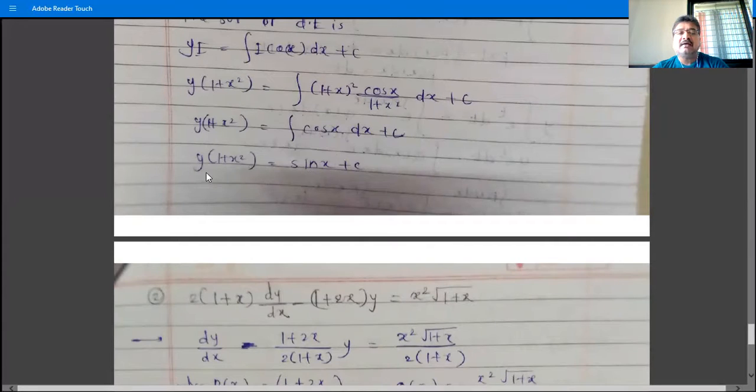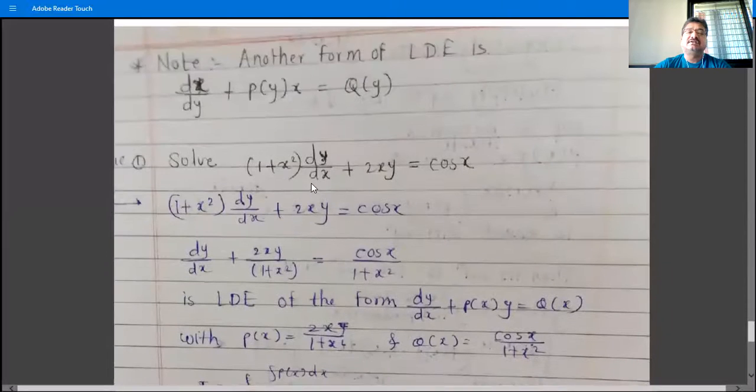So y(1 plus x square) is equal to sin x plus c, or we can write y(1 plus x square) minus sin x is equal to c. This is the general solution of this differential equation.